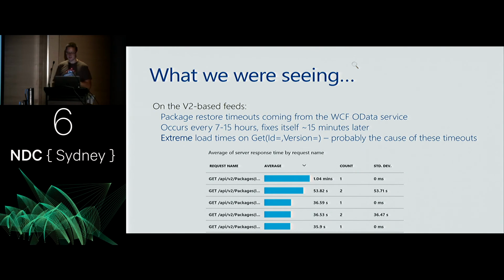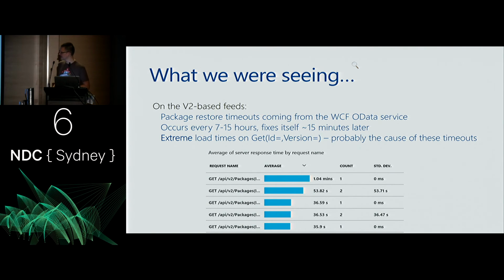And what we were seeing is package restores timing out on that specific call in the service. We were seeing this every 7 to 15 hours, so not continuously, and it would last for 10 to 15 minutes, and afterwards everything would work just fine again. So very temporal, and not really easy to debug and not really easy to trap what was going on.